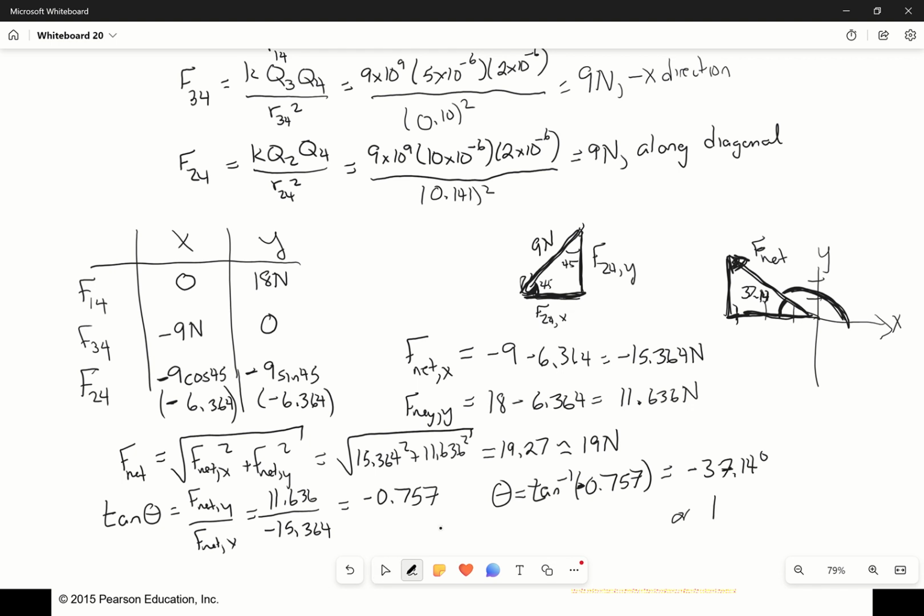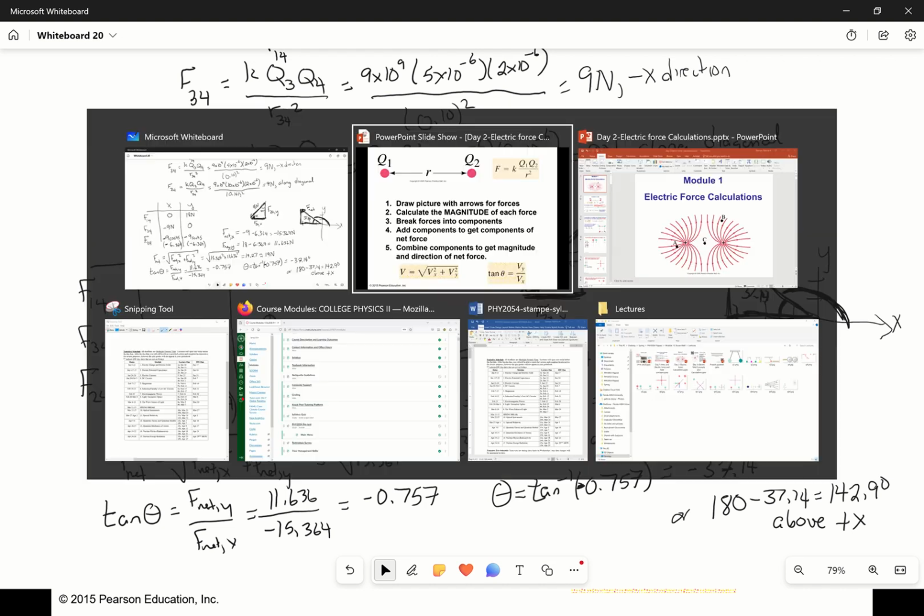So the angle should be 180 minus 37.14, which is 142.9 degrees. And usually I would say above the plus x. So it's important for you to always draw the vector so that you know when your calculator gives you an angle, what that angle actually means, which quadrant the vector is in, so you know what the number is.